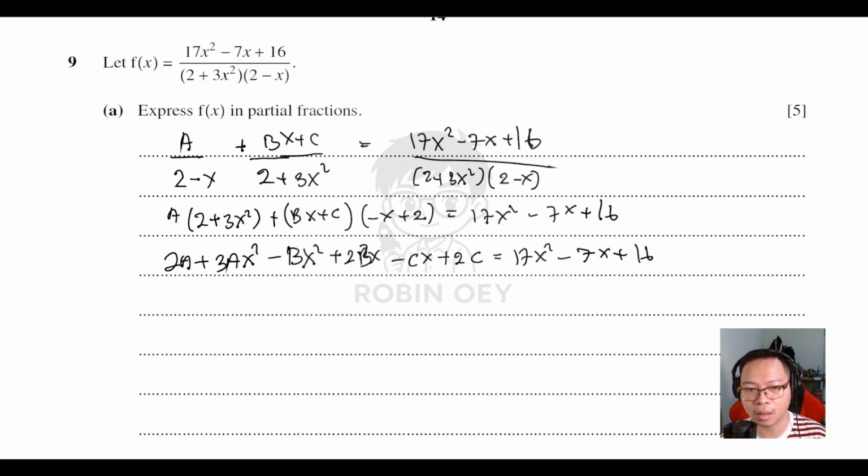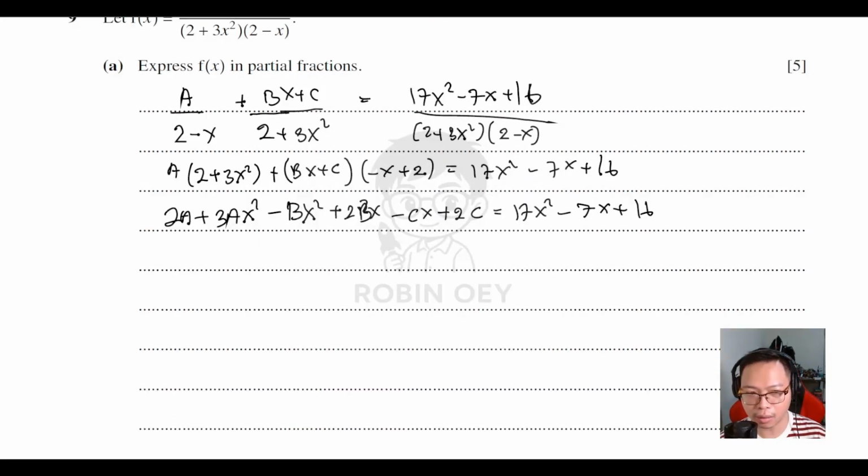Now I will group together based on the exponent. So we have (3A minus B) x squared, and then we have (2B minus C) x, and then we have 2A plus 2C.